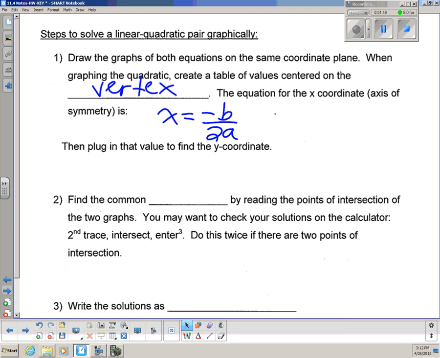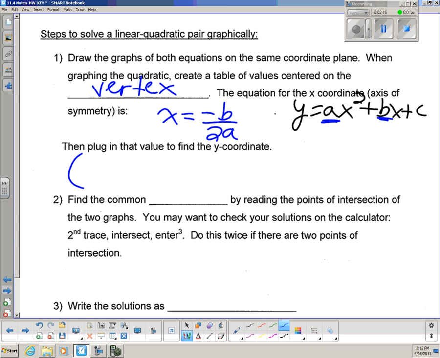Remember, you're dealing with a quadratic in standard form, ax squared plus bx plus c. So when you're trying to find the x-coordinate of the vertex, you're dealing with the thing that's attached to the x and the thing that's attached to the x squared. When you want to find the y-coordinate, you just plug in that x value, do the math, and solve for y. So basically your vertex is going to be the ordered pair negative b over 2a comma y.